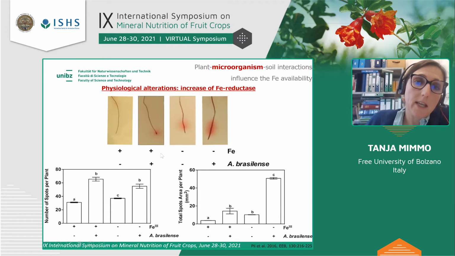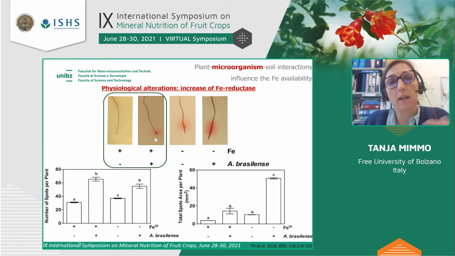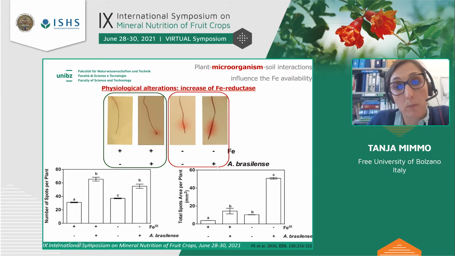As you can clearly see, take a look first at the left side, on this green box. You see here in iron sufficient condition, the PGPR also induces an enhanced activity of this iron reductase enzyme. But in iron deficient condition, this enhancement is much more evident, especially if these plants are also inoculated with the PGPR.